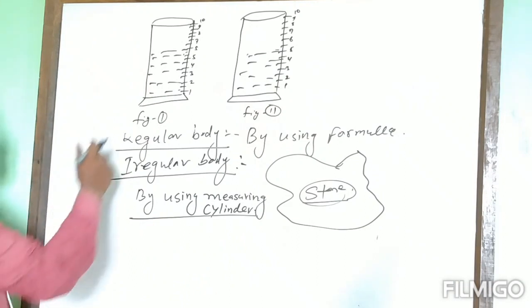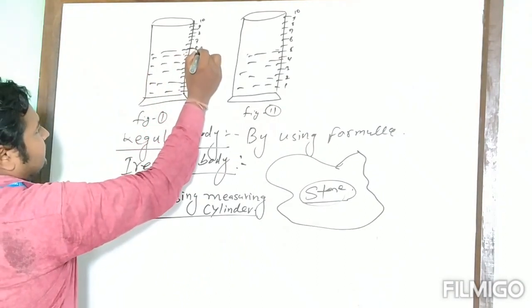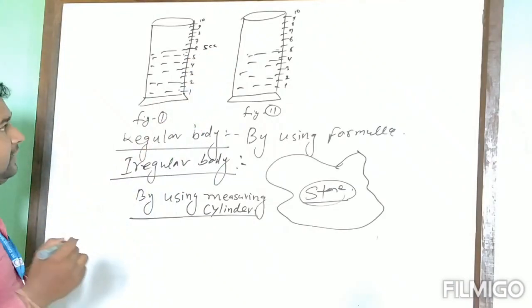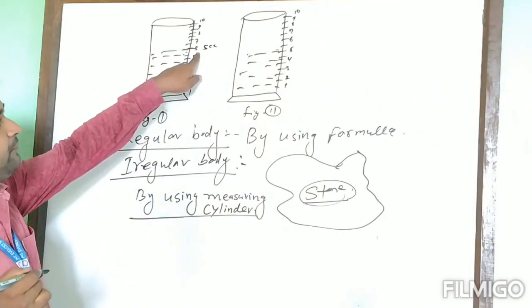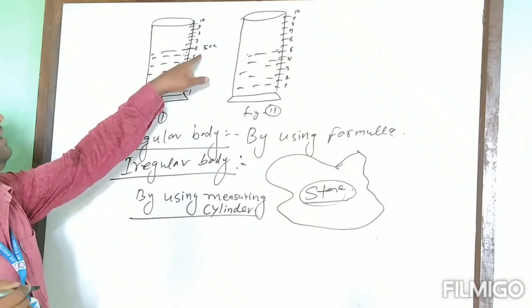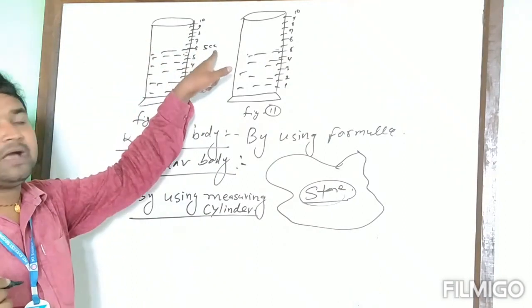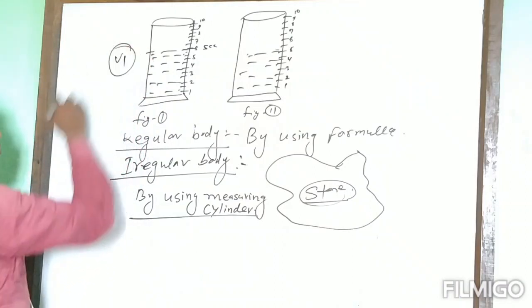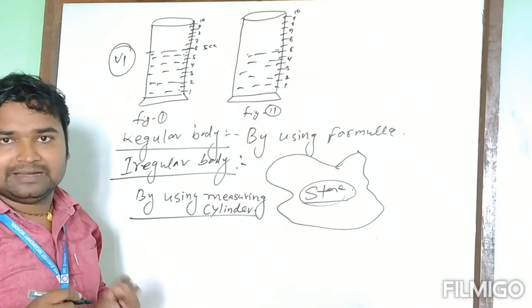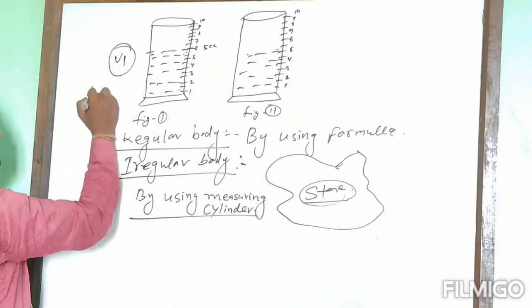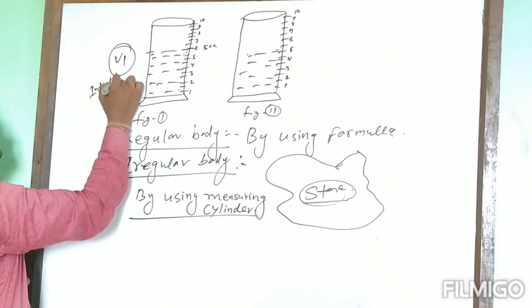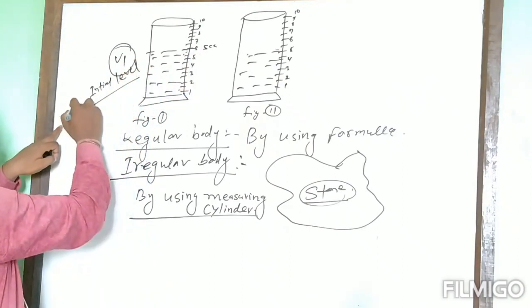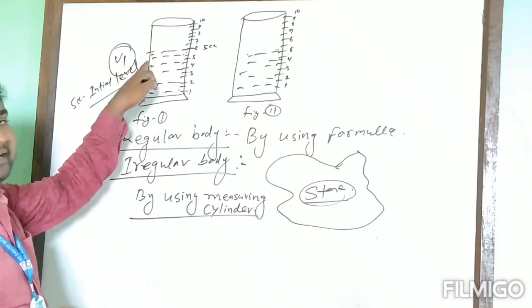Now the level of the water is 5 cc, cubic centimeter. This 5 cc is V1, the initial level. 5 cc is what? Initial level.